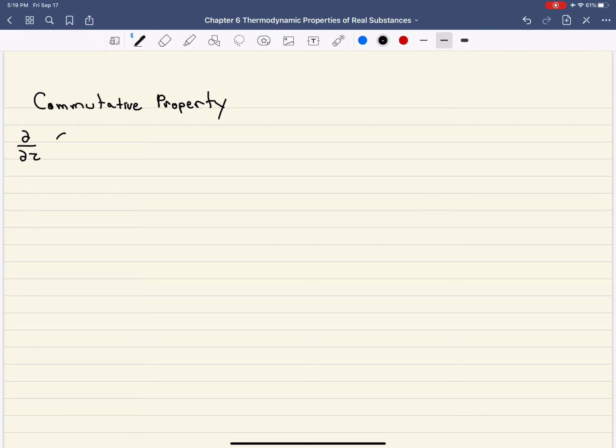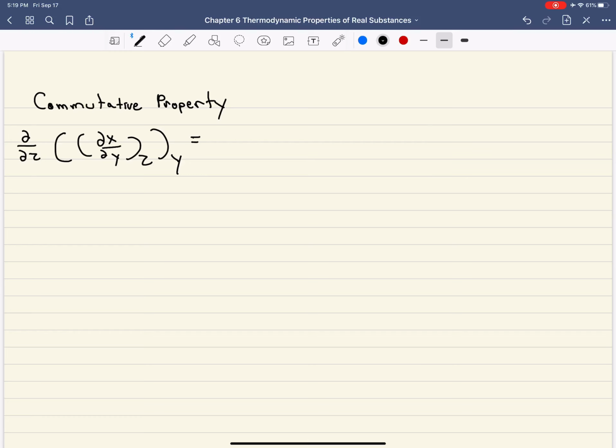Let's say that we had dx dy at constant z, and then we took the derivative of this with respect to z at constant y. What the commutative property tells us is that we could switch out the order of derivatives here.